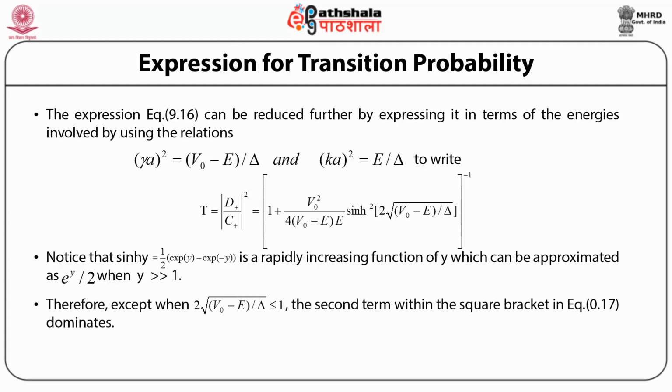Therefore, except when twice the square root of (V naught minus E) by delta is less than or equal to 1, the second term within the square bracket in equation 17 dominates.